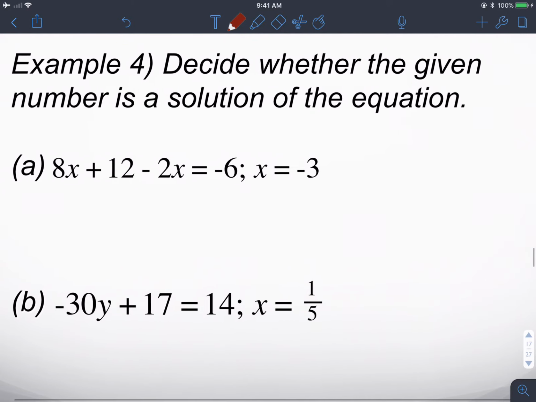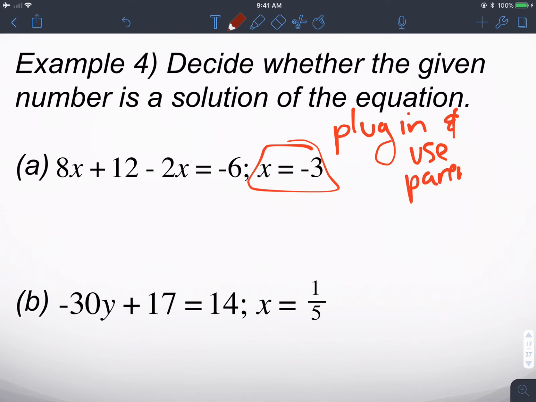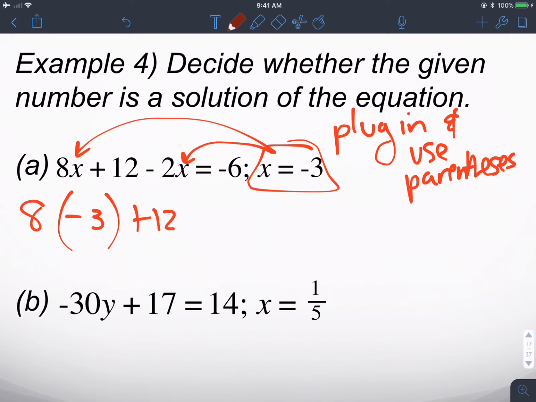Number is a solution. So we're into equations now. They give you this x, and we will plug x in. Use parentheses. I will write 8, negative 3, plus 12, minus 2, parentheses, negative 3, equals negative 6.